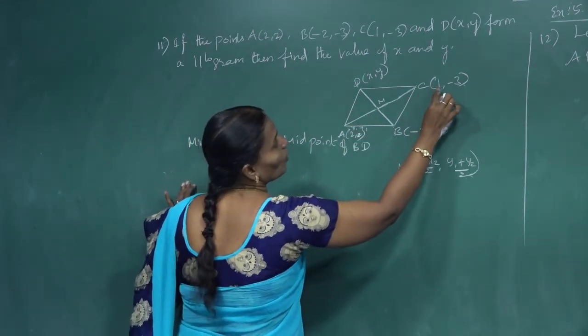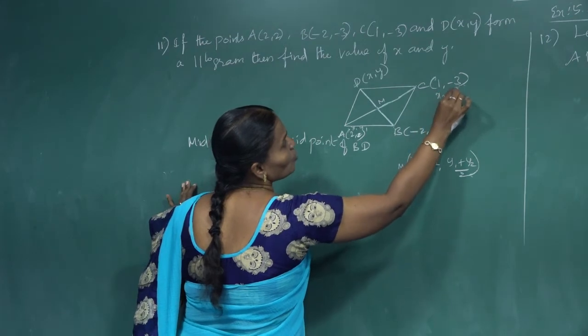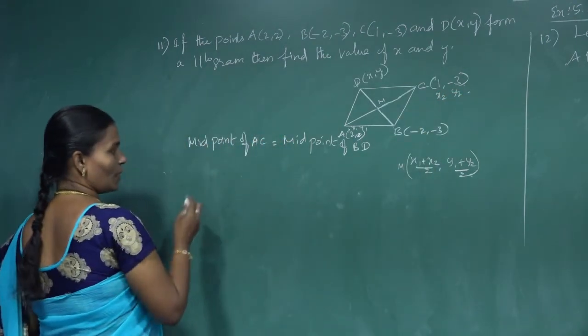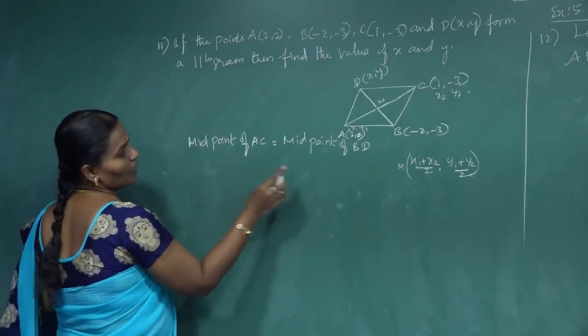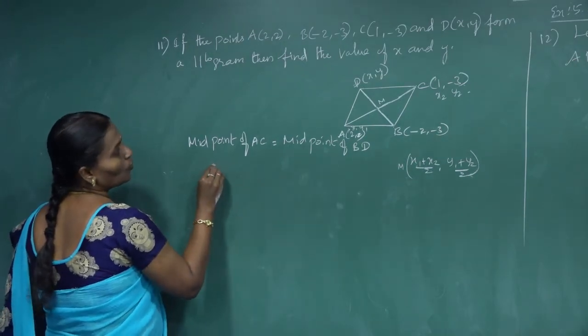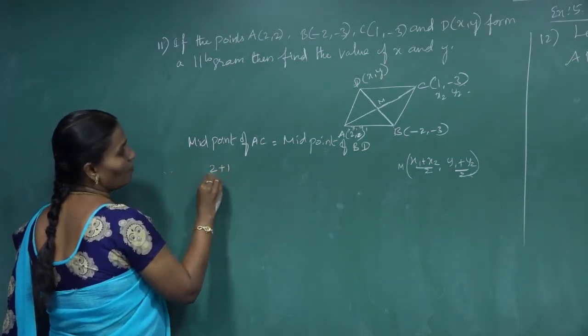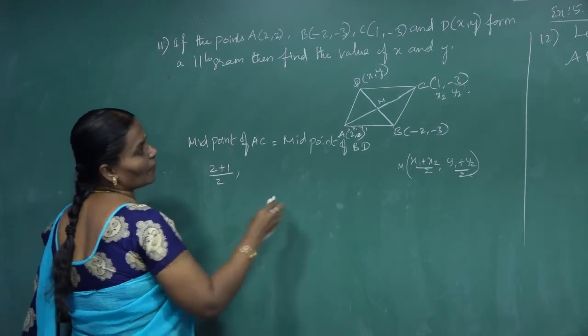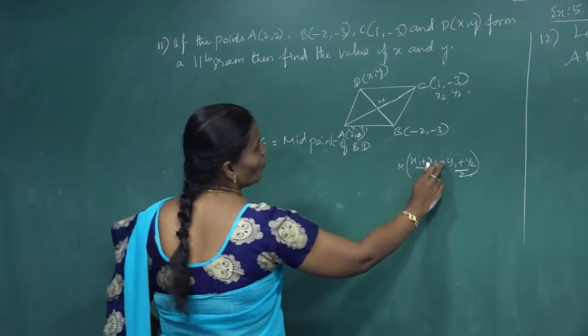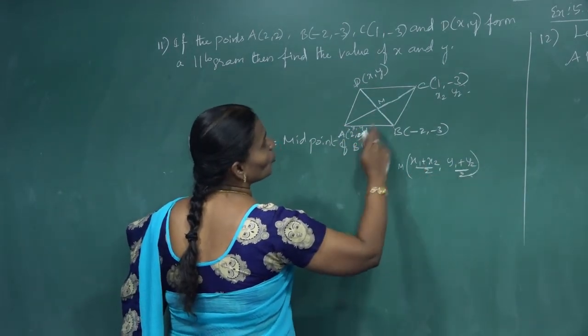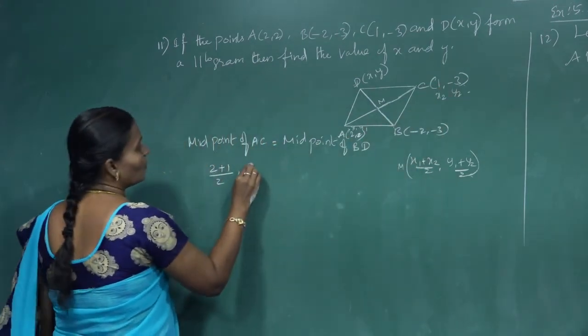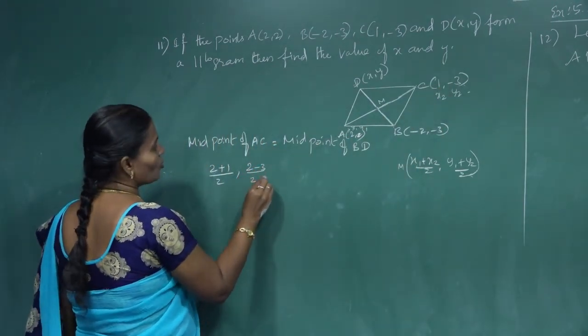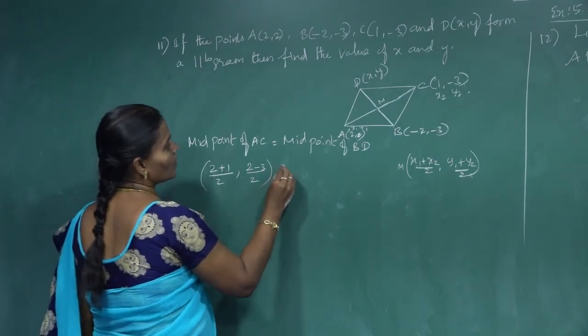C is 1 comma minus 3, consider this x2, y2. Now apply the formula: x1 plus x2, 2 plus 1 by 2, comma y1 plus y2 by 2, 2 minus 3 by 2.